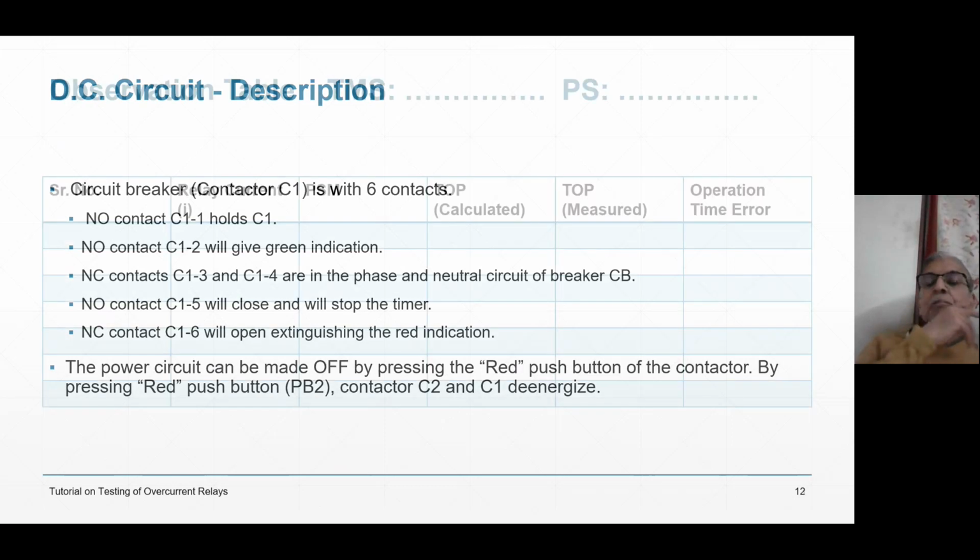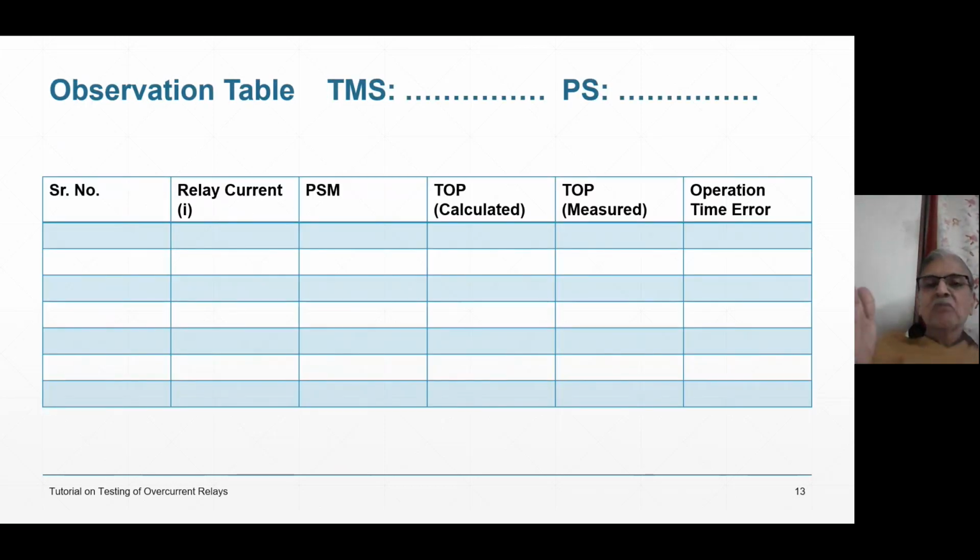You can check your relay. You set PS from 50 to 200% in the electromagnetic relay, in 7 equal steps: 50%, 75%, 100%, 125%, 150%, 175%, whatever you want, of 1 ampere, that is 0.5 ampere, 0.75 ampere, 1 ampere, whatever PS you want to adjust.